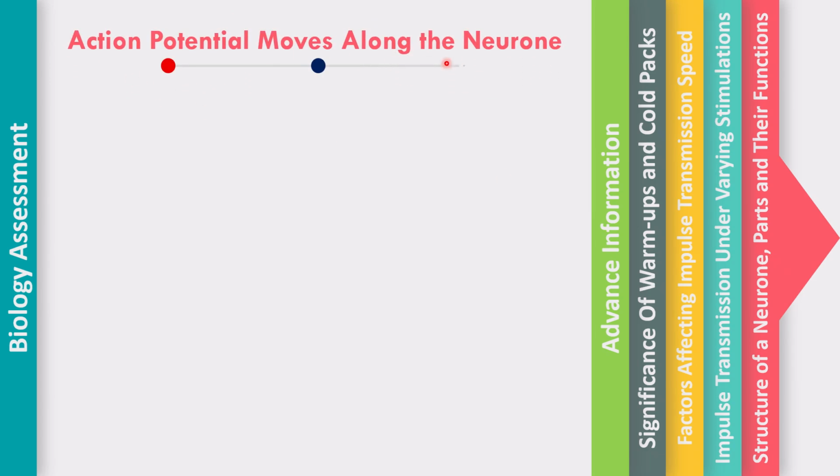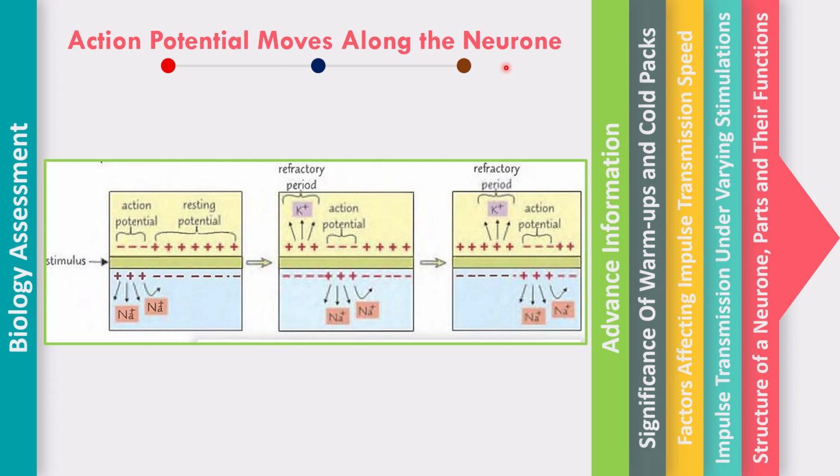Action potential moves along the neuron. So when the stimulus arrives at this point, the inside becomes positively charged, which we call depolarization, and we have the action potential. Meanwhile, the other part of the neuron is still repolarized. The inside is negative, which is still the resting potential.